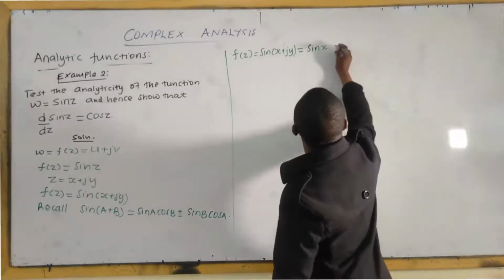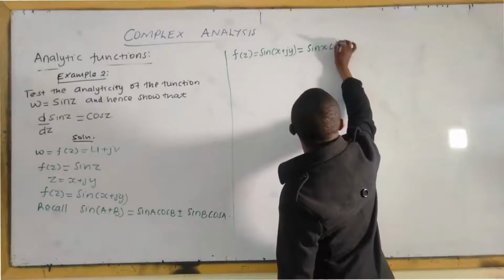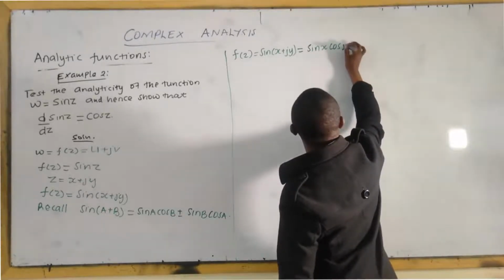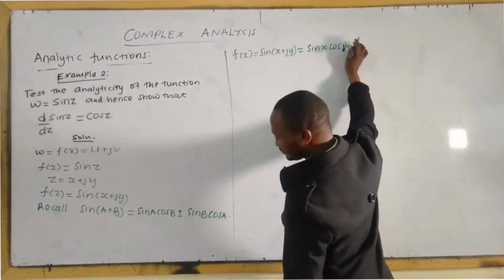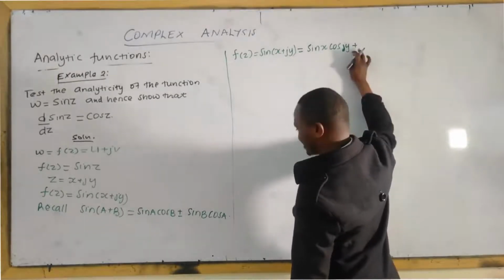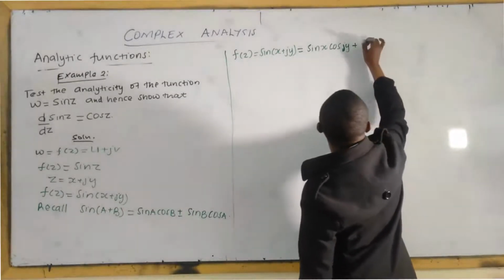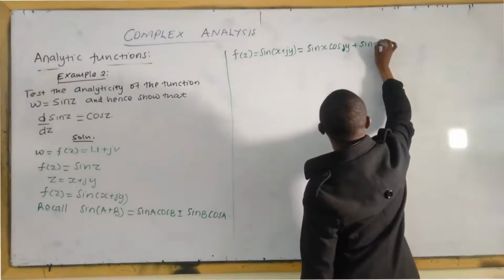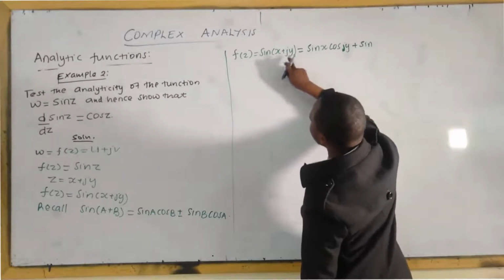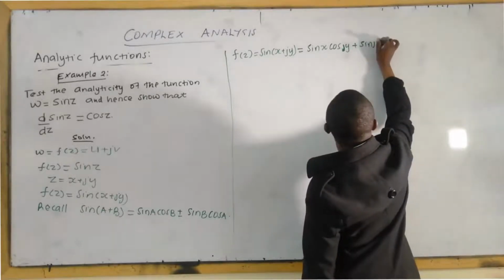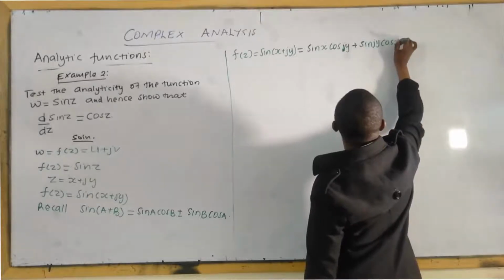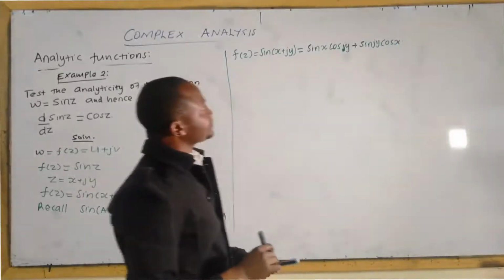So sin x, here you have cosine of jy, plus, because here it is plus. Sine, in this case, use sine with jy, then cosine with x, cosine of x.